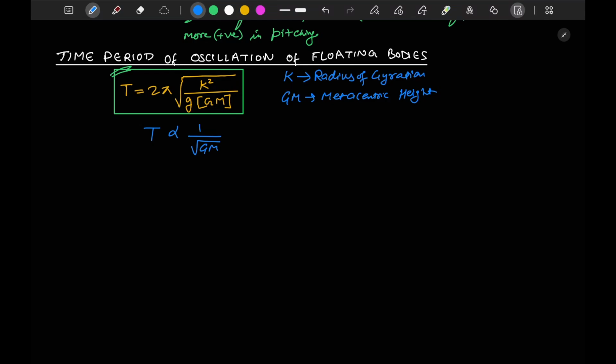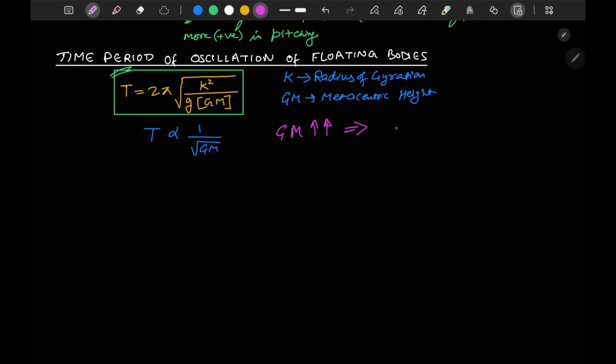Let's say for the first pendulum the time period is 1 second, and for the second it is 10 seconds. Where the time period is 10 seconds, you will feel more comfortable. In case the time period is 1 second, your comfort level will be low. So if the GM value is very high, what does it indicate? It indicates stability.